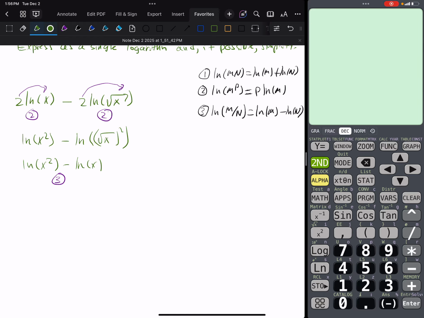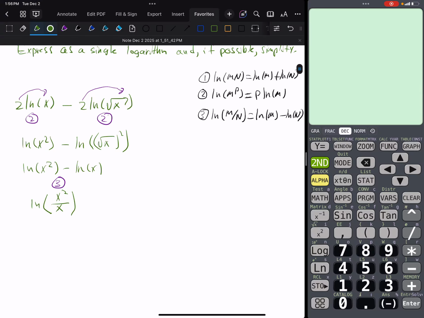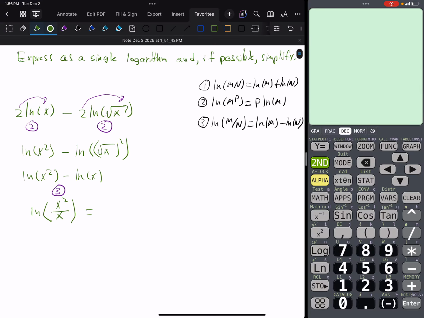And so that's going to become the natural log of x squared divided by x. Well, definitely seems possible to simplify, because x squared over x is just going to be the natural log of x. And so these two at the beginning were actually a really complicated way of just writing natural log of x.